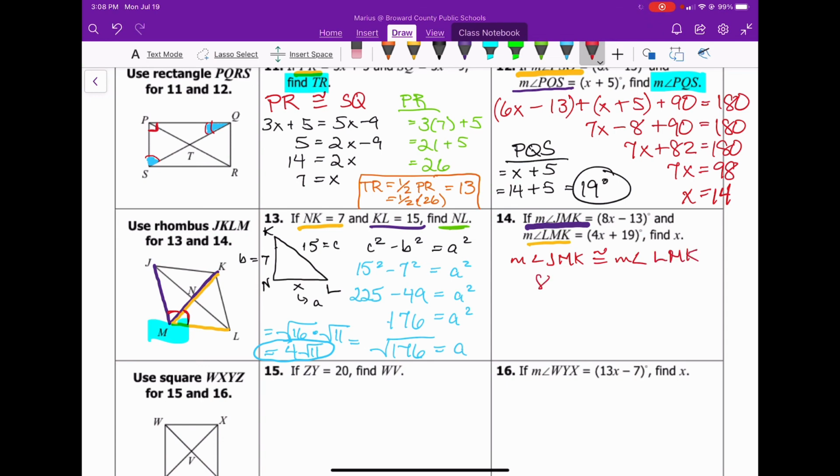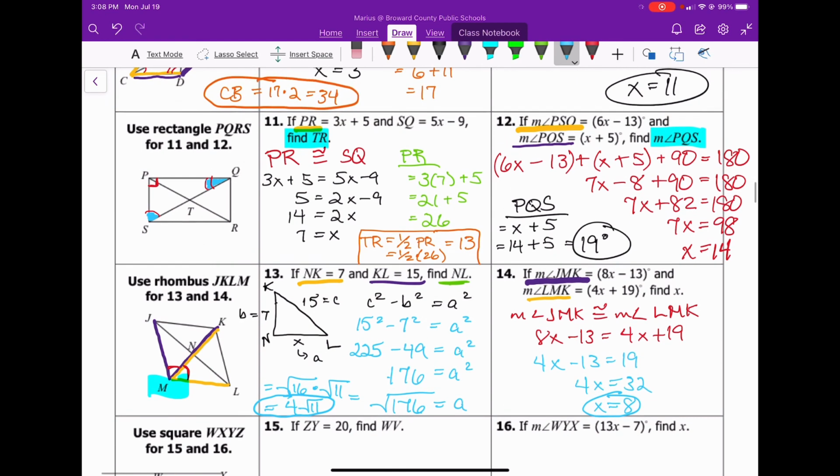So then we write 8X minus 13 equals 4X plus 19. And we subtract 4X from both sides. So 8X minus 4X is 4X. And then we add 13 to both sides. So that's going to become 4X equals 32. And to find X, we divide both sides by 4. X is going to equal 8.